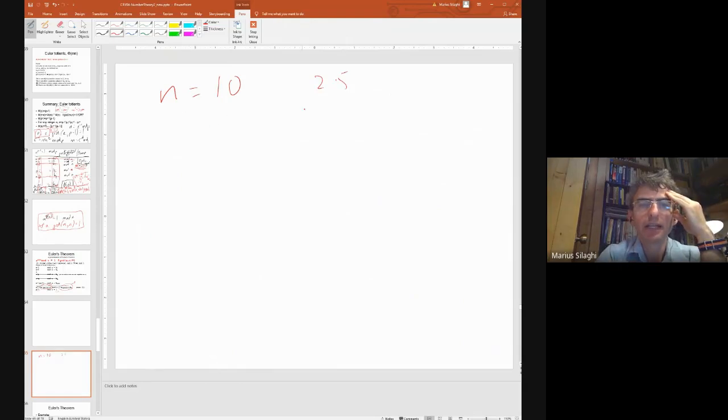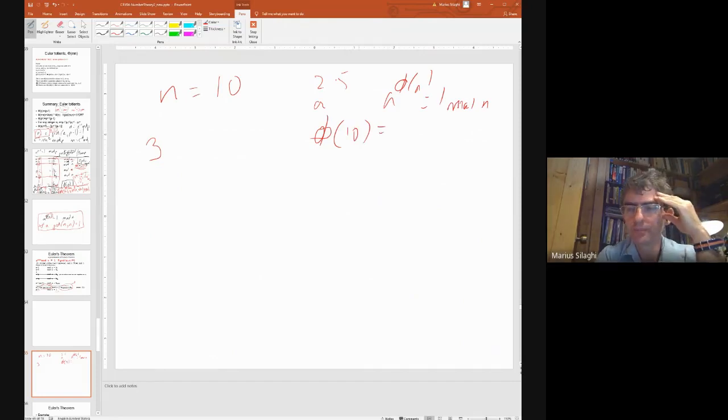So let's take a equal to 3. Euler's theorem is telling us that a at Euler totient of n equals 1 mod n. Right, so Euler totient of 10 equals how much? 4. Very good. Let's see.